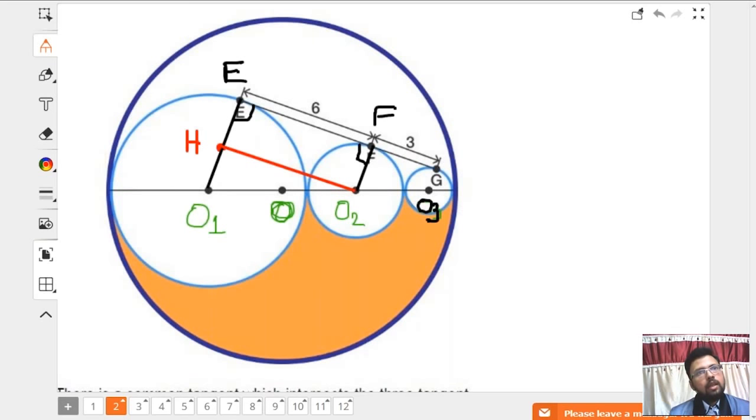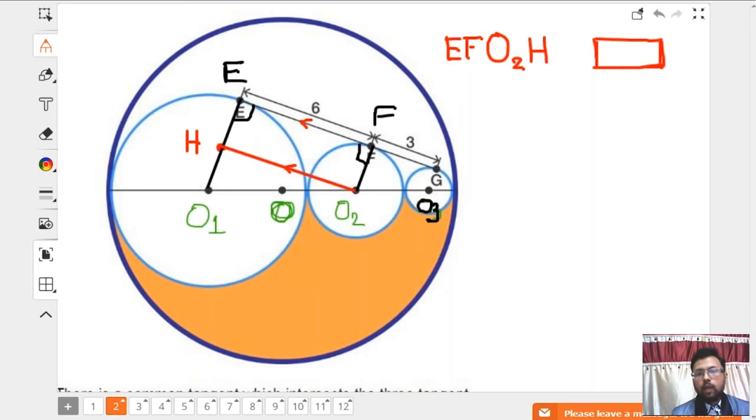What have we done? Because of that, what do we get? EFO2H is a rectangle. Why?